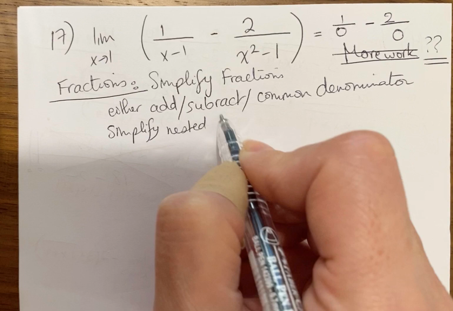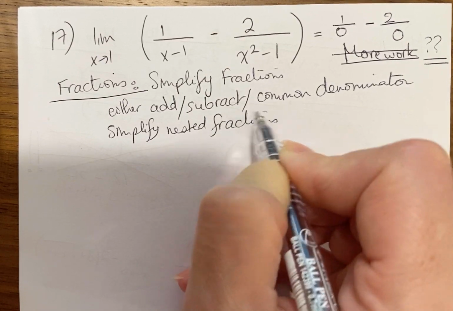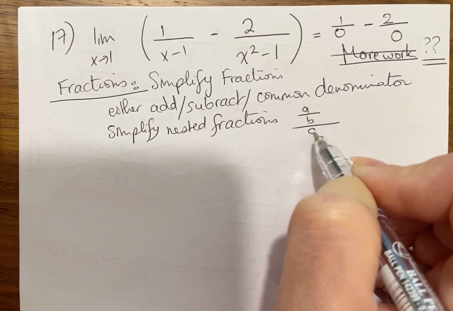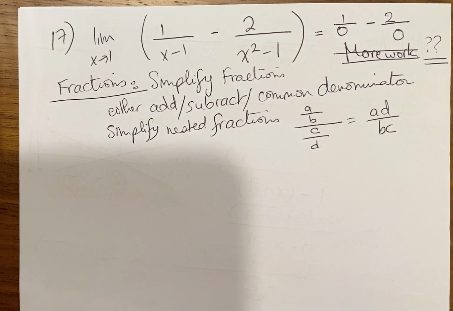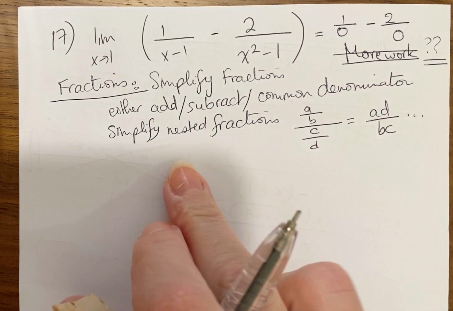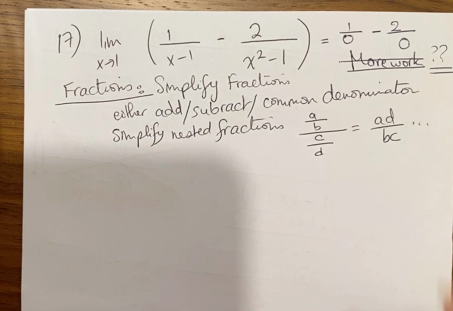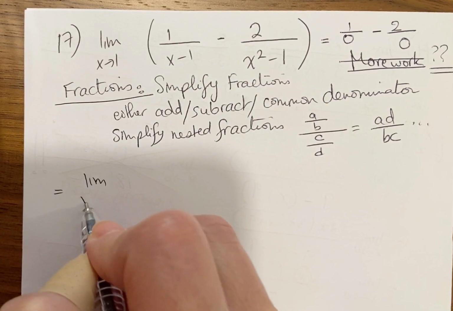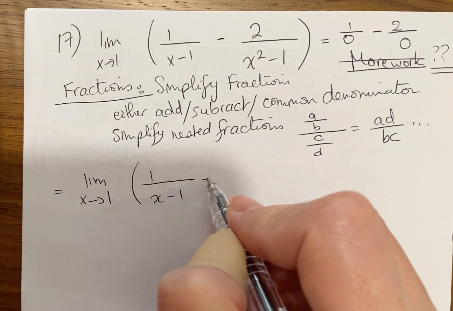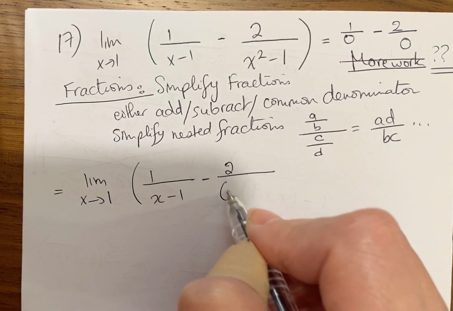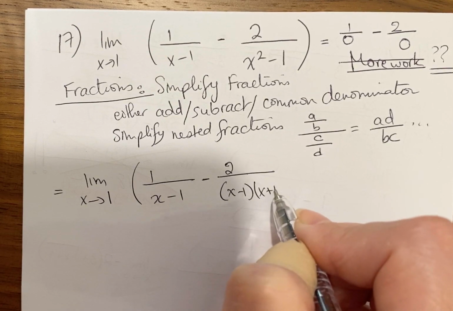You know what nested fractions mean? It means when I have, for example, A over B over C over D, you can write it as AD over BC, and so on. So all those kinds of things are things you can do with fractions that look like this. So over here, one of the things is I can try to take a common denominator for the goal of simplifying things.